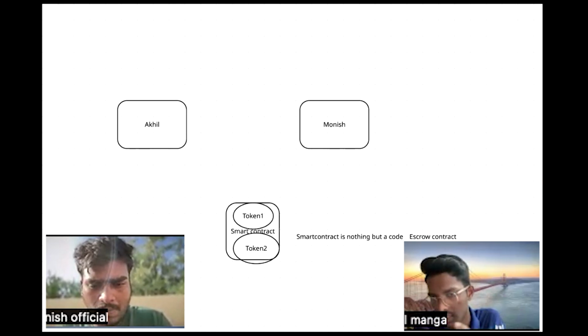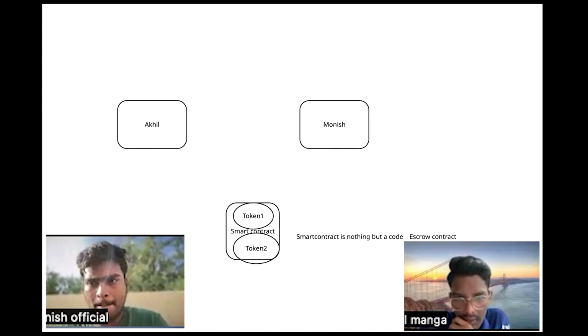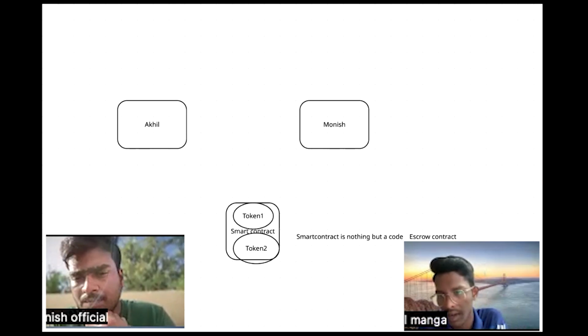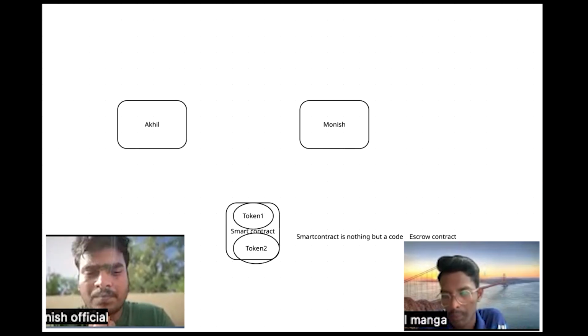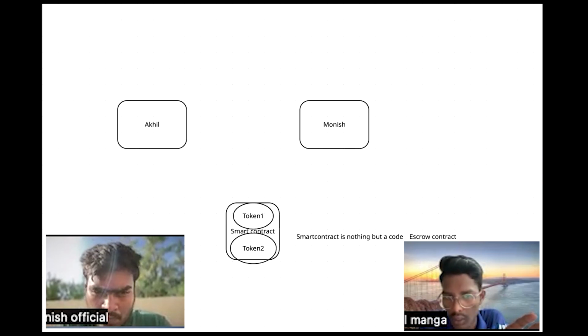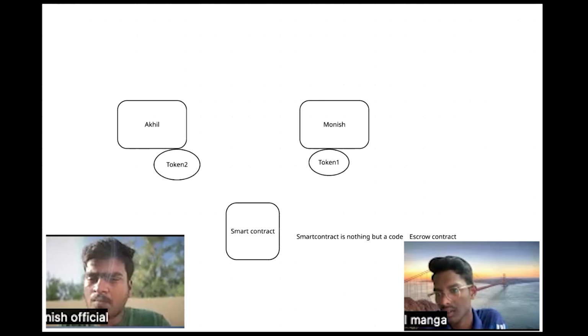Once we deploy on the blockchain, it will be permanent. After deploying, it will execute automatically. The smart contract will give token two to me and token one to you. So the transaction is done.